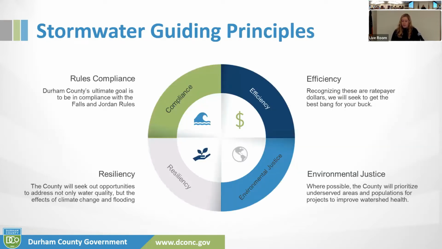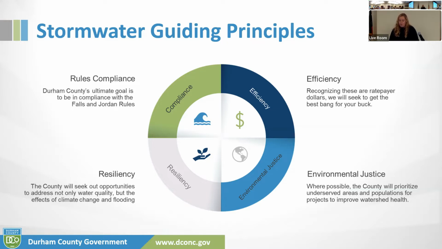All right, so out of respect for our ratepayers, we always try to tie everything we do back to our guiding principles in Durham County. The first priority is we do have to be in compliance with the watershed rules. Efficiency: we really want to be respectful of ratepayer dollars and be able to show them where our money is going.